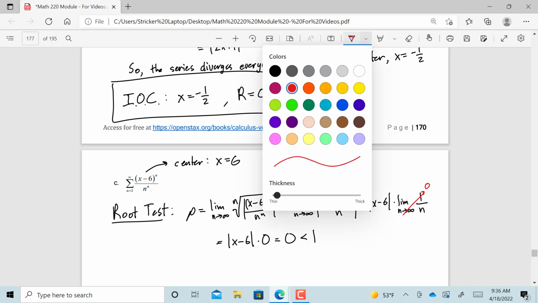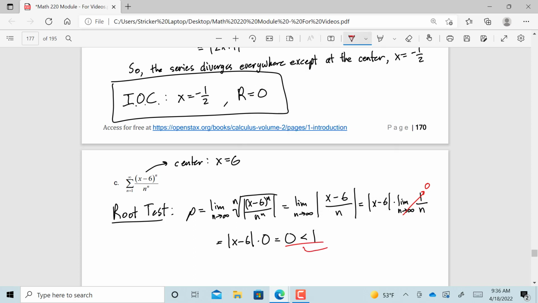So what this says is, because 0 is less than 1, the series converges for all values of x.